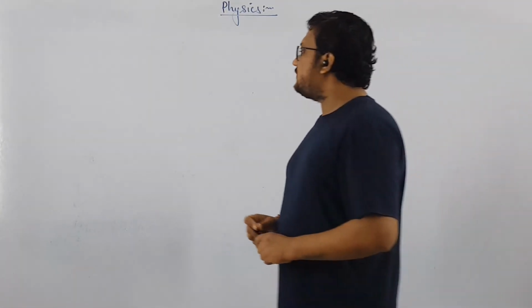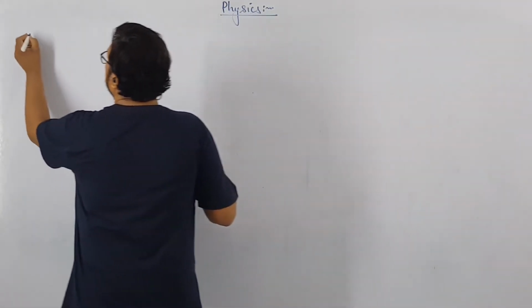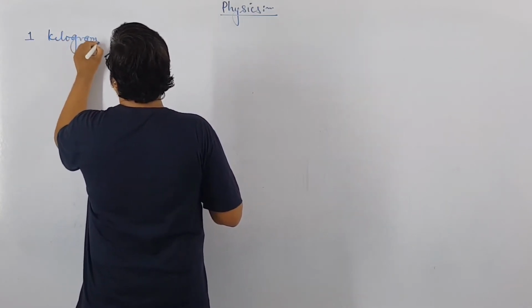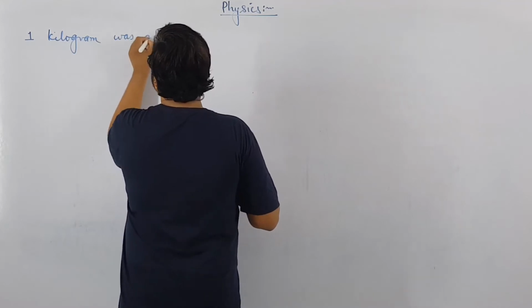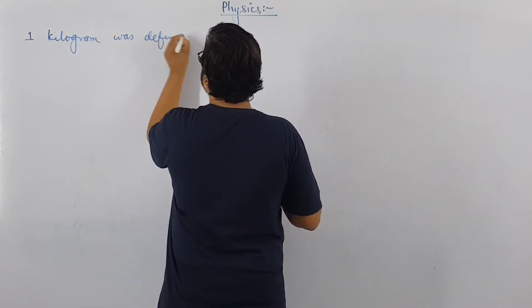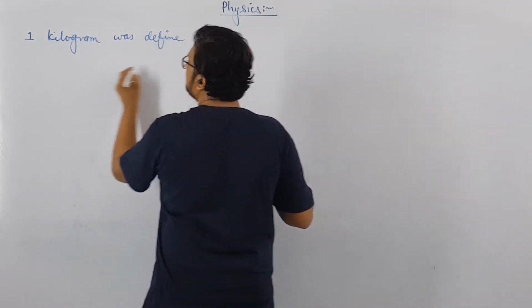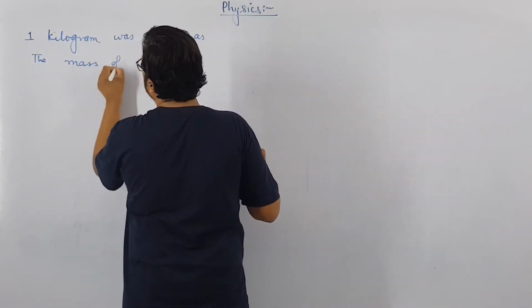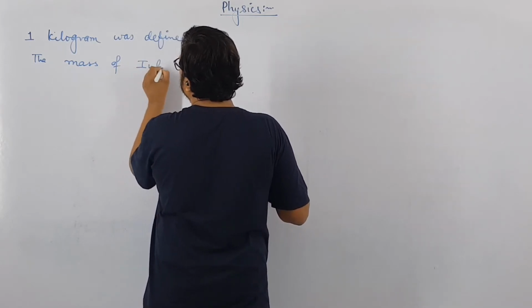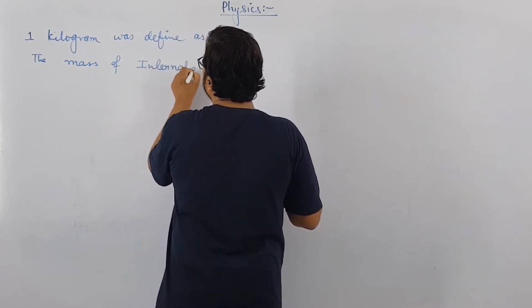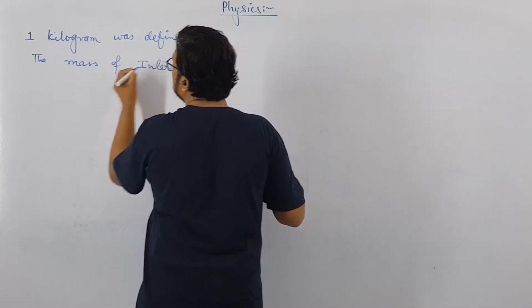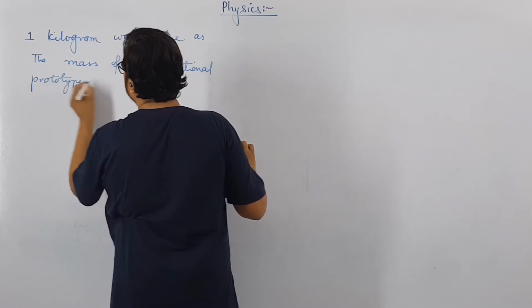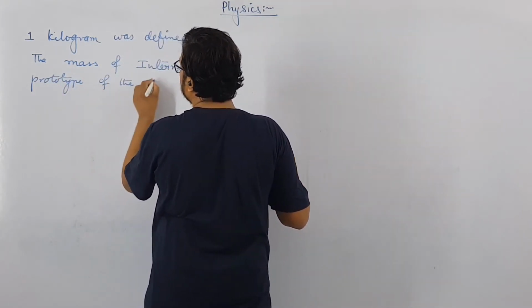So what is 1 kilogram? 1 kilogram was defined as the mass of the international prototype of the kilogram.